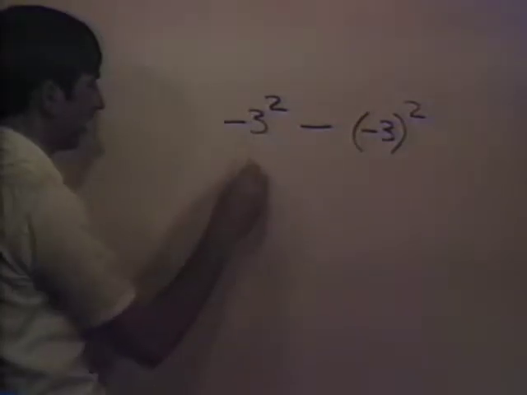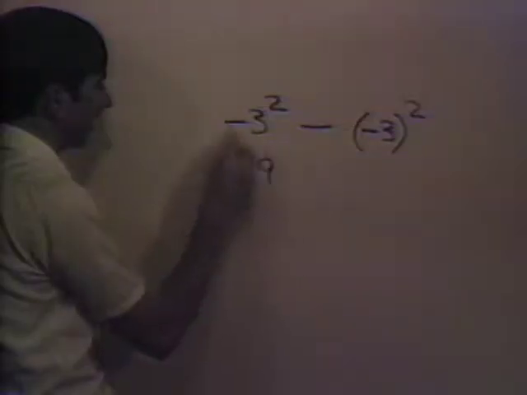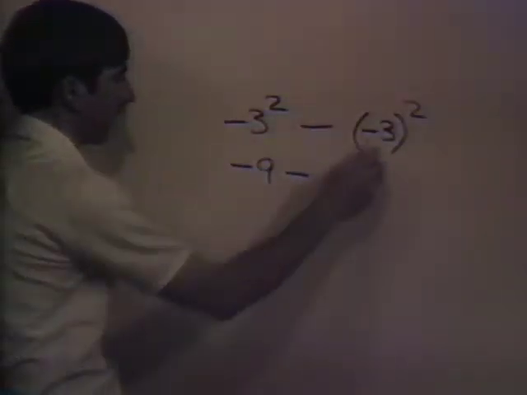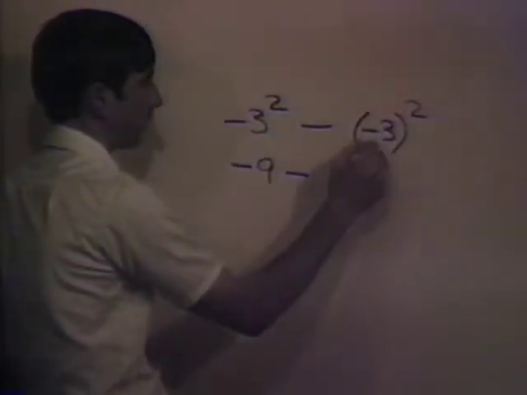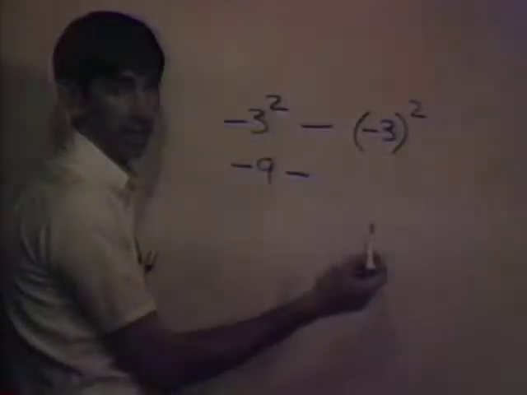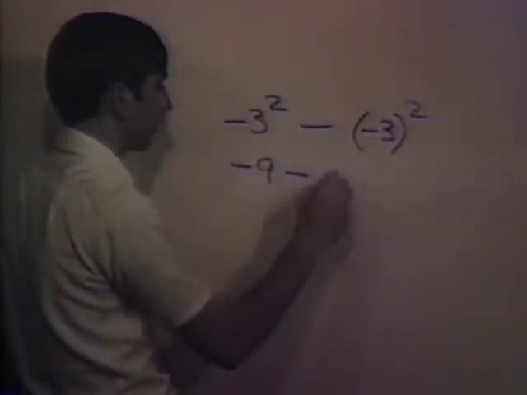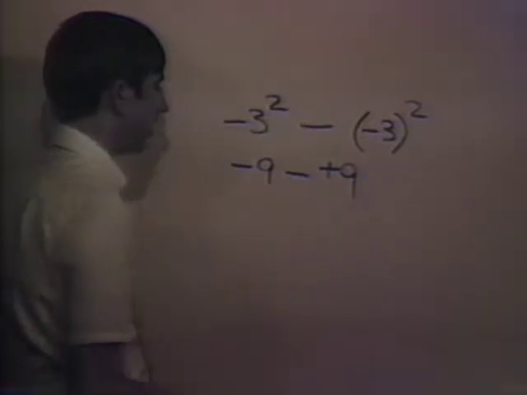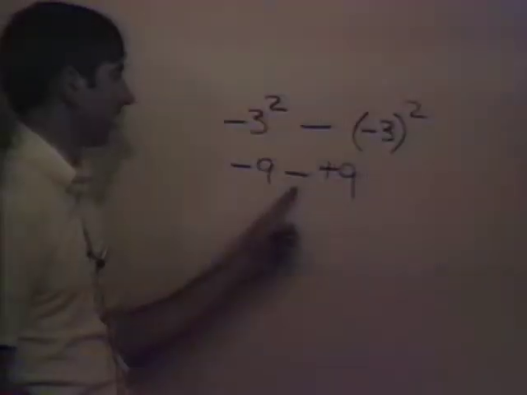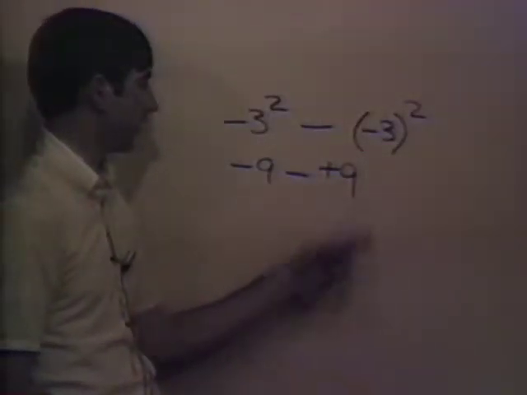So we've got here 3 times 3 is 9 again, so it's negative 9. Now we can bring this minus down and go ahead and do this one out. And again, when we multiply negative 3 times itself, negative 3 times negative 3, we end up with a positive 9. So what we've got here is a negative 9 minus a positive 9.